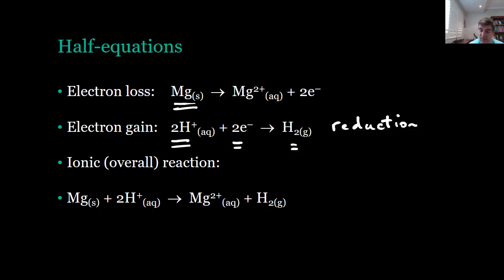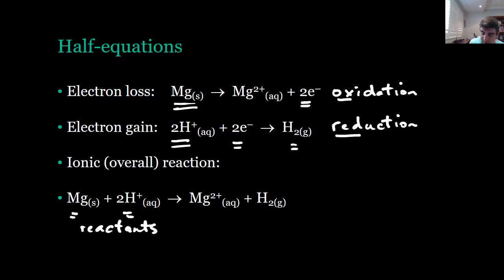While the magnesium is losing electrons, and because it's losing electrons, it's called oxidation. Together, they're called a redox couple, where one species is gaining electrons and the other is losing them. When we put these equations together, we find the magnesium and the hydrogen ions on the left side, the reactant side, and the magnesium ion and the hydrogen gas on the product side.